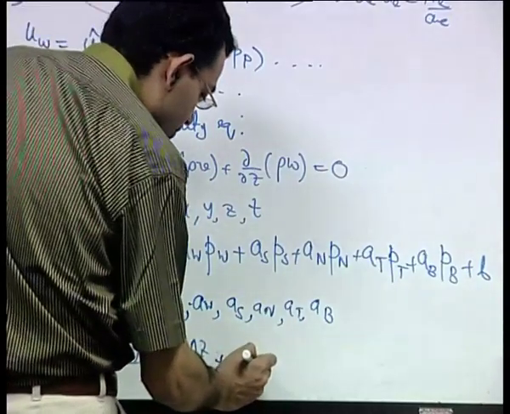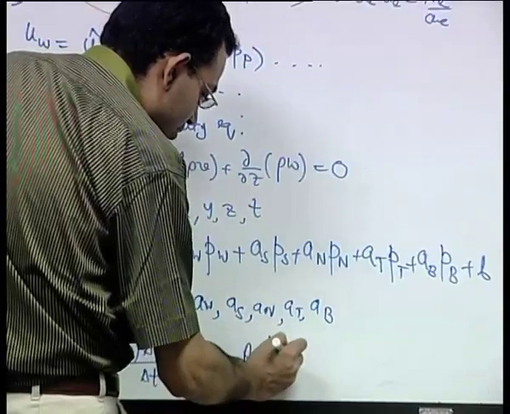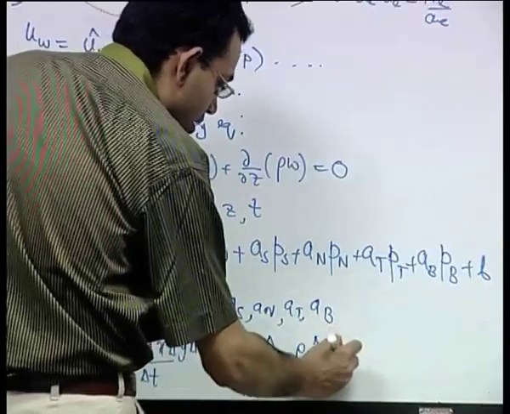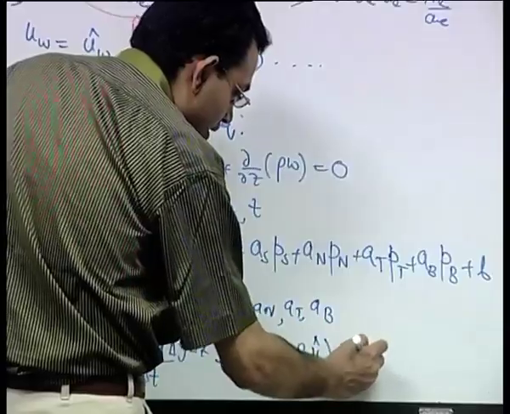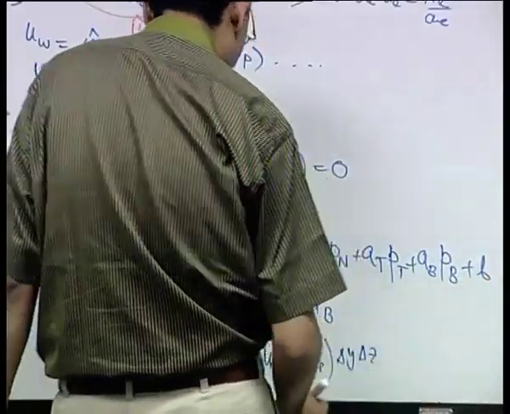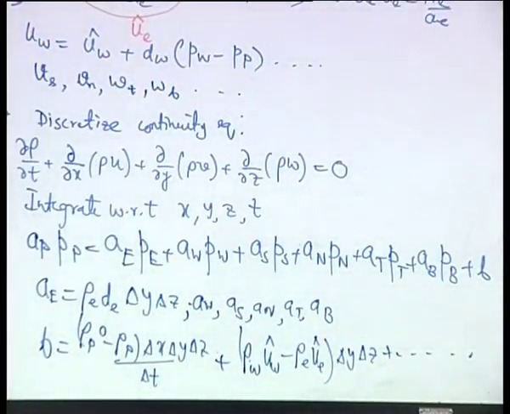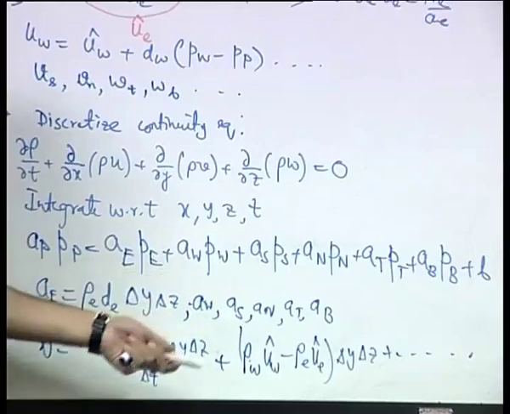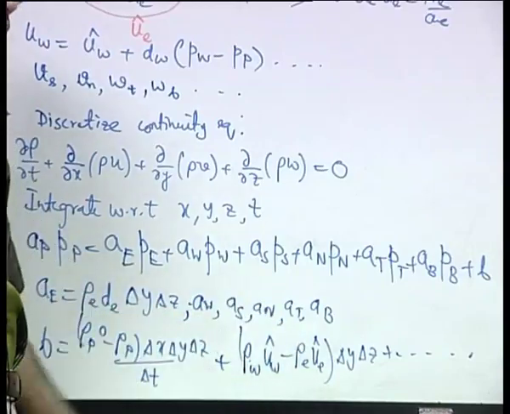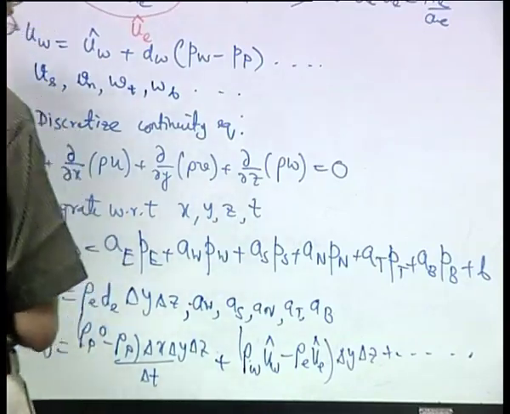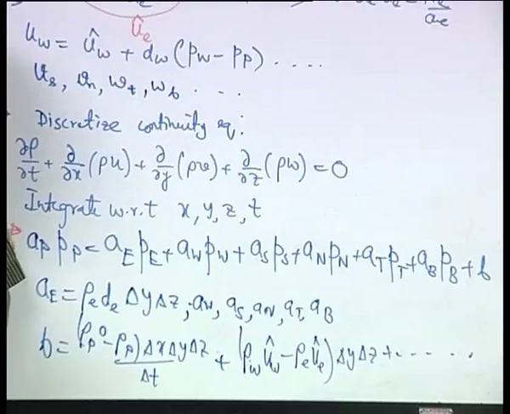So rho w uw hat minus rho e ue hat into delta y, delta z, then plus similar terms. It is very trivial to write it, just replace the star by the hat. So this equation what you get for the governing equation for pressure is called as pressure equation.